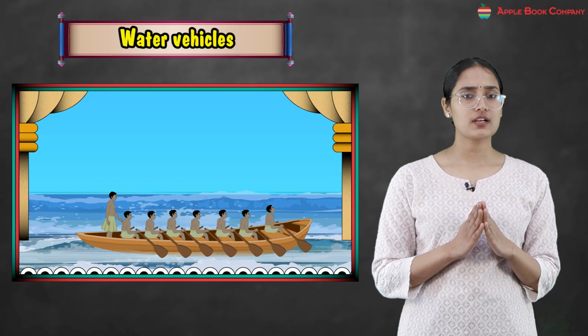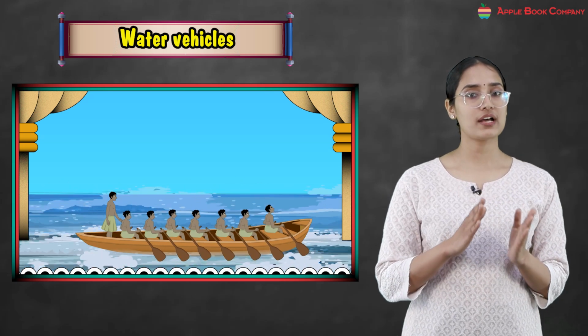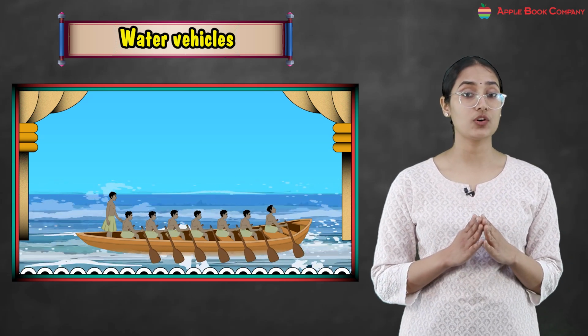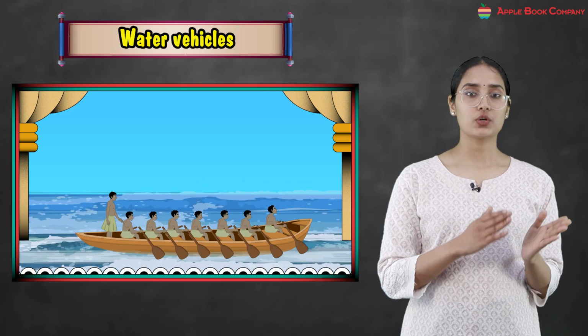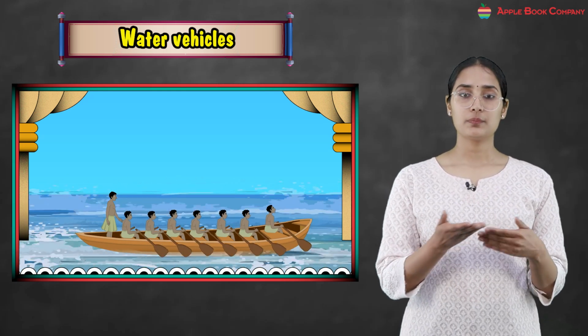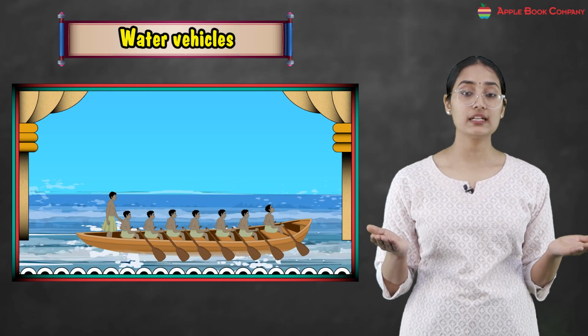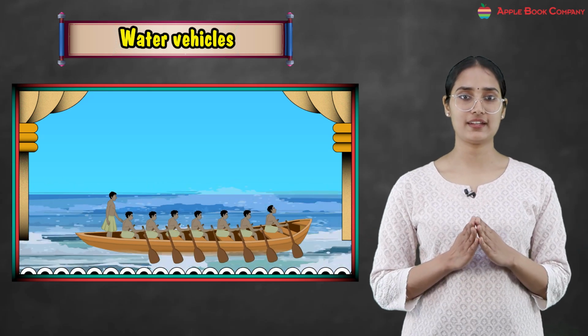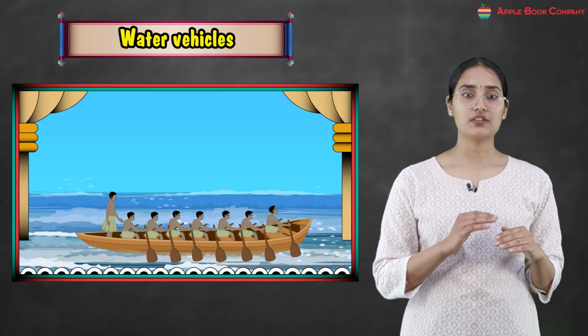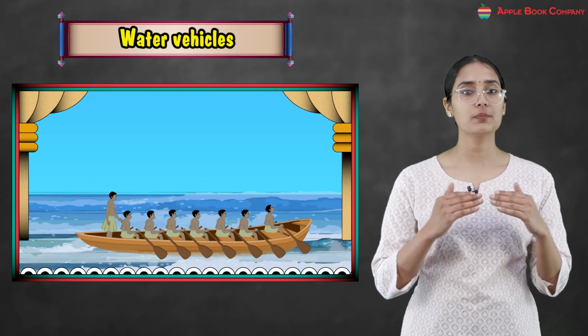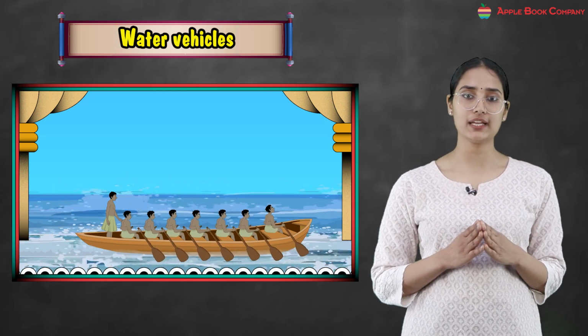So there is a capacity of 5 to 8 people that can sit on a boat, right? And it is used to cross rivers, to move in the river and also in the lakes, right? We have 2 things that we have to move to let our boat move ahead.